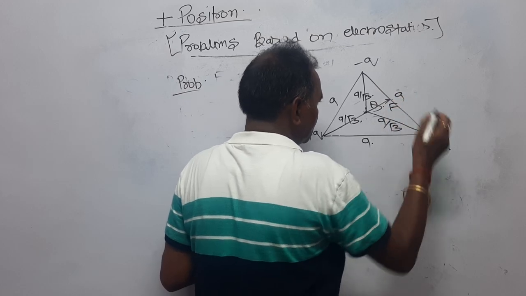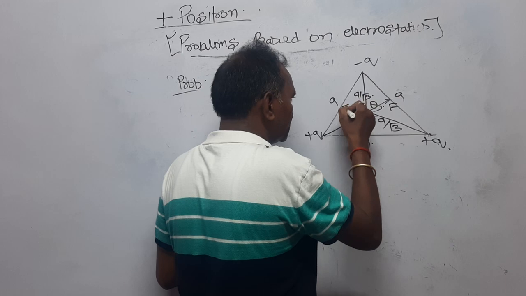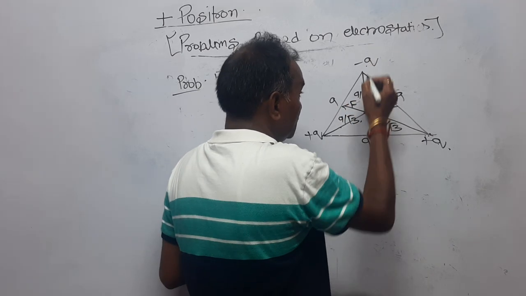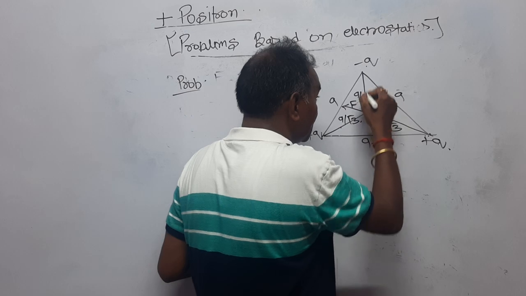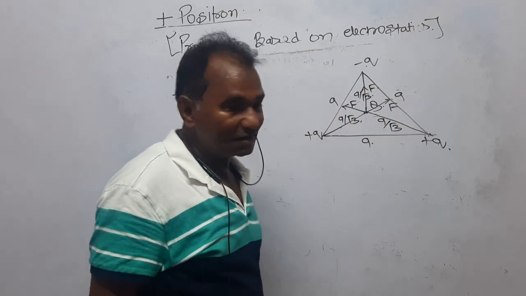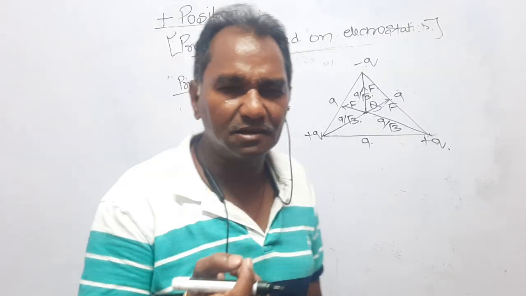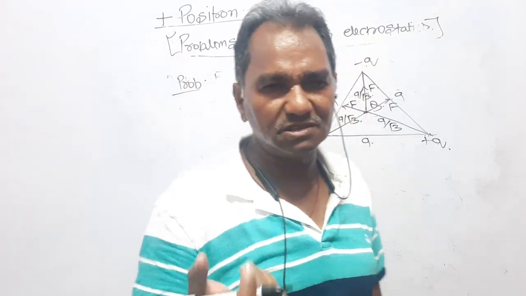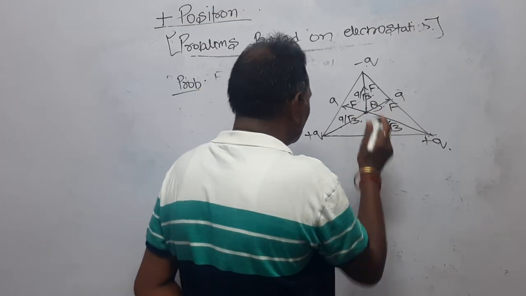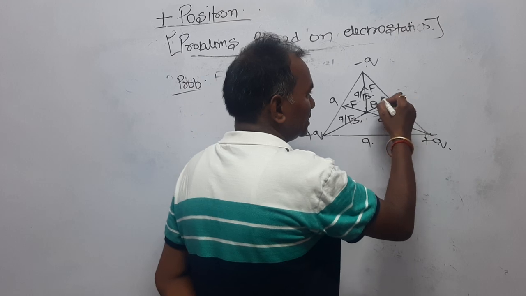Now, dear students, this charge will repel this like this. Let it be F. This charge will repel this like this. This is again F. And this negative charge will attract this charge along the line joining them, and this is F. Right? The three forces I have considered because the charge combination and the distance between them is the same. Now we have to find out the force on this charge capital Q. This charge will repel this along the line joining them.